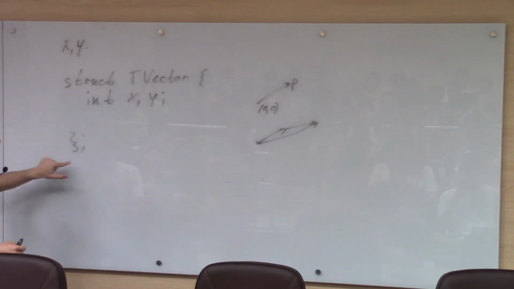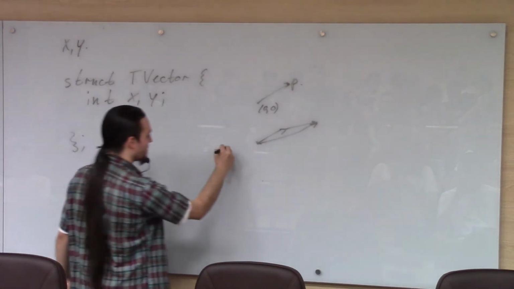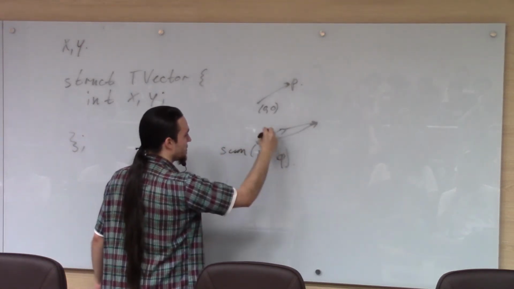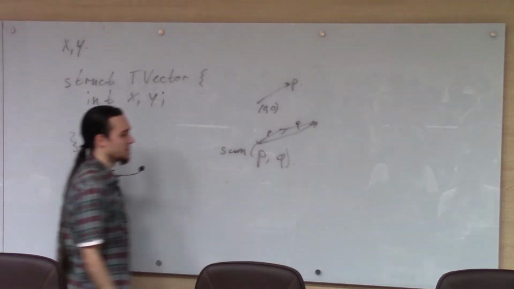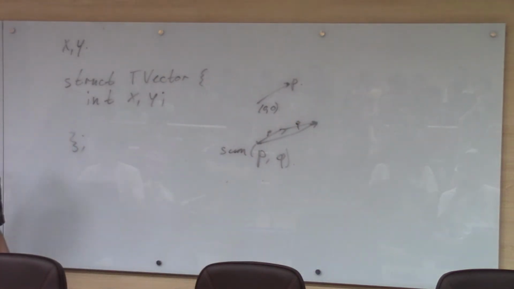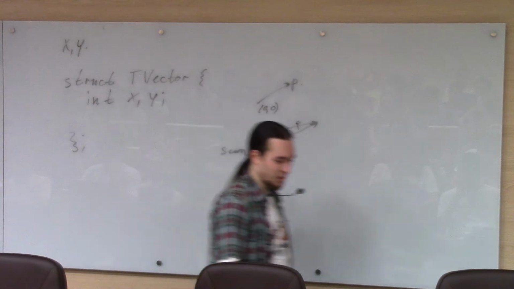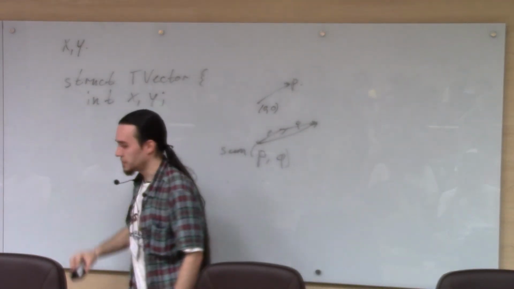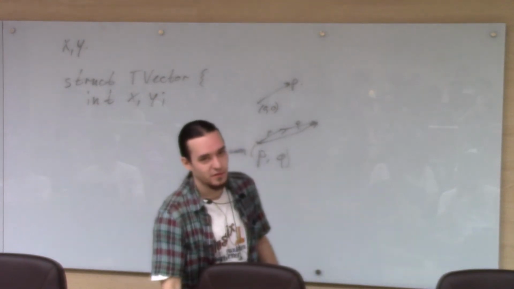For example, we could go and write a separate function here, like sum of vectors, right? And we may write sum of P and Q here, if P is this vector and Q is this vector. But in terms of code, it will be much more convenient and concise to utilize operators overloading.